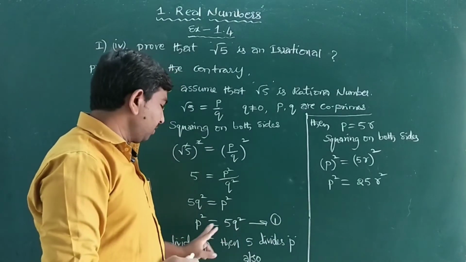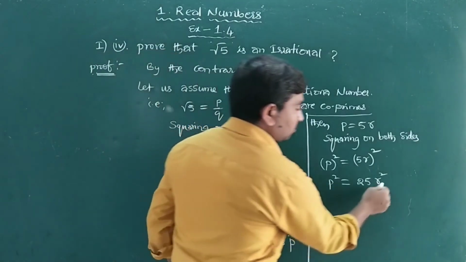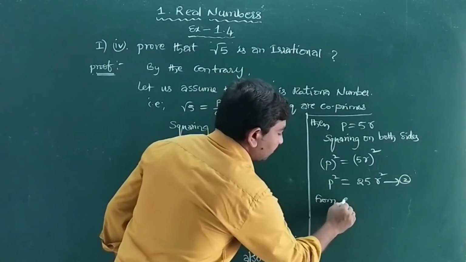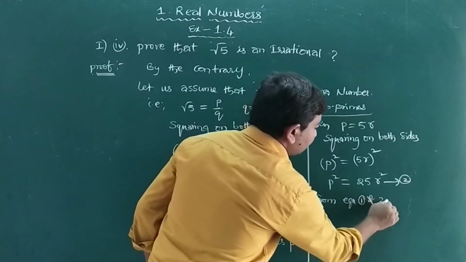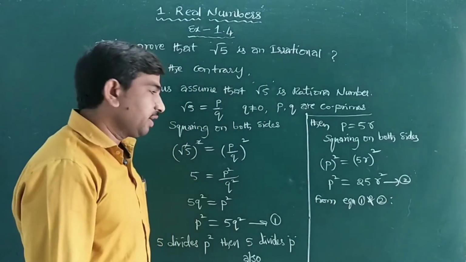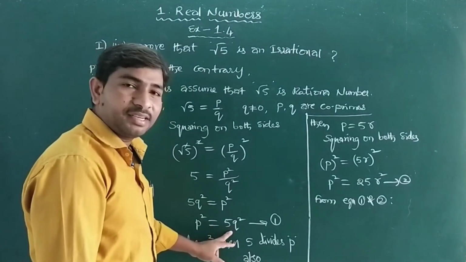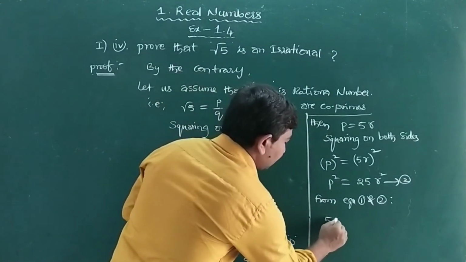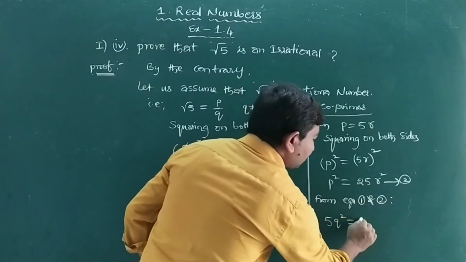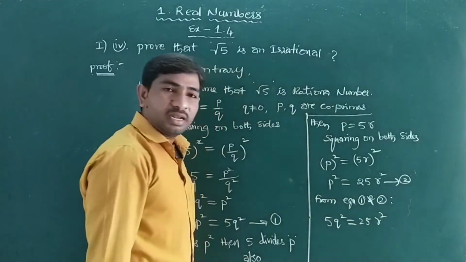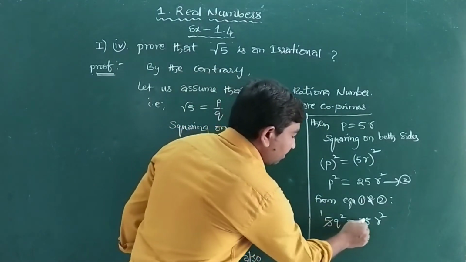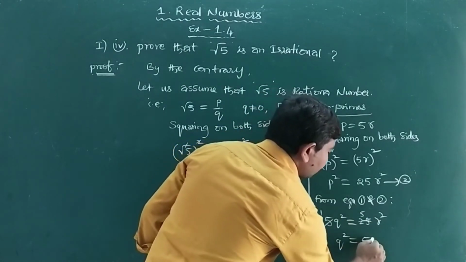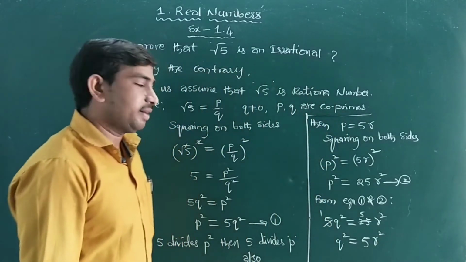We substitute this p square value in the other equation, equation 2, where p square is 5q square. So 5q square is equal to 25r square. Cancelling 5 on both sides, what remains is q square is equal to 5r square.